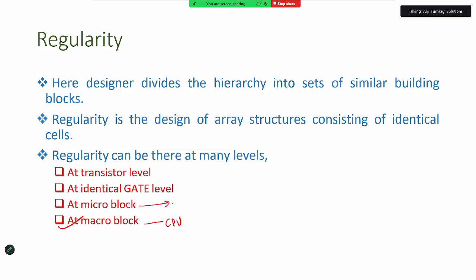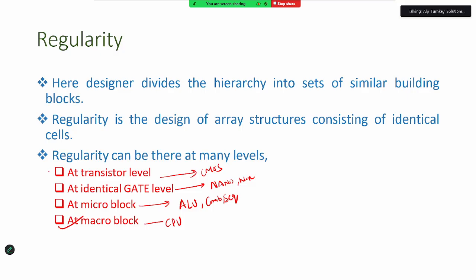A CPU is made with micro blocks: ALUs, combinational circuits, and sequential circuits. These are made with universal gates like NAND gate and NOR gate, and these gates are made with transistors, CMOS.